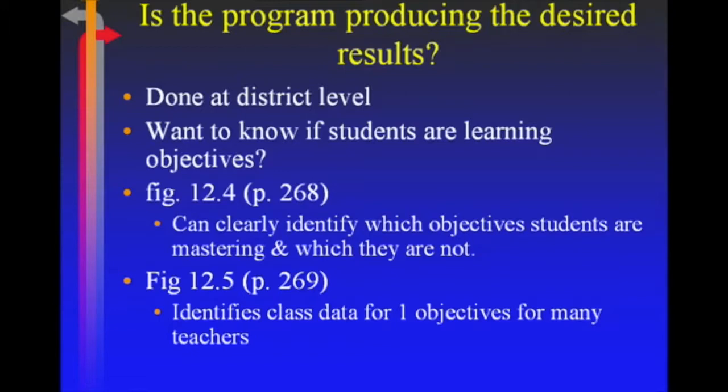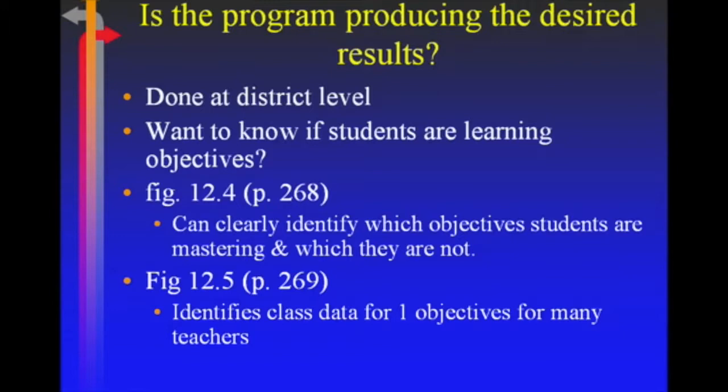And if you look on page 268 of your book, you'll see that on figure 12.4 we have the ABC school district's physical education evaluation report. And this is the average percentage mastery by grade and program objective.